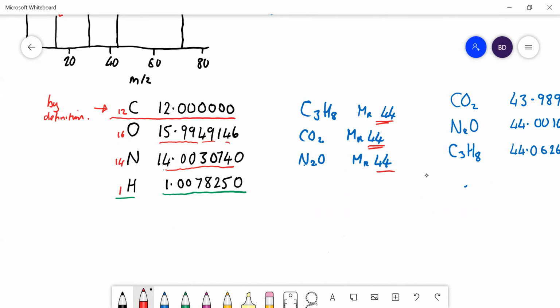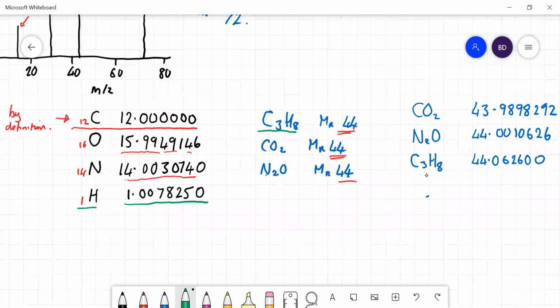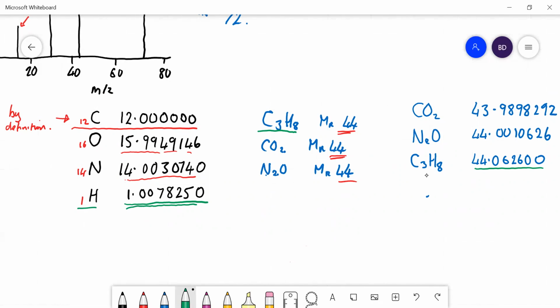So with propane, if you want to work out the MR, which is 44.06, whatever, you do 4 times 12 plus 8 times that value for 1H.